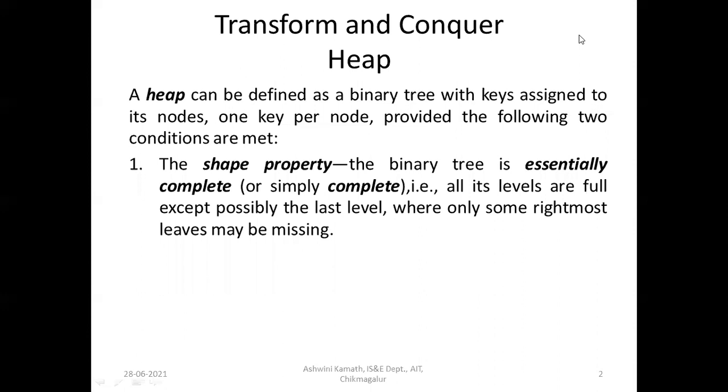The last level can have missing nodes, but they must not be on the left side. It must be filled from left to right. Only some right nodes may be missing. So that is the complete binary tree.